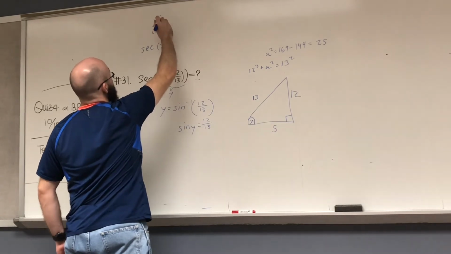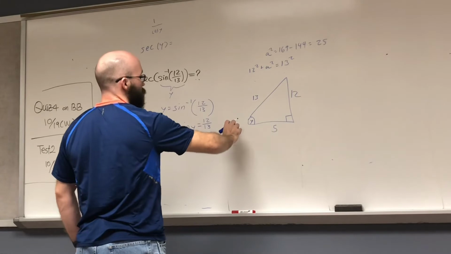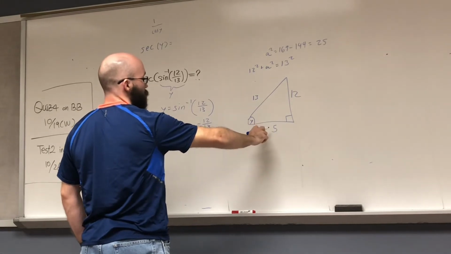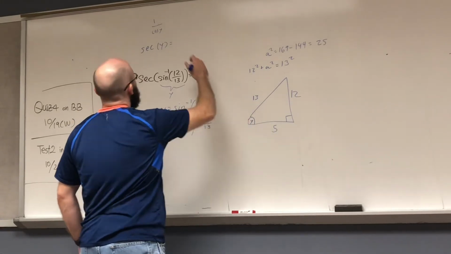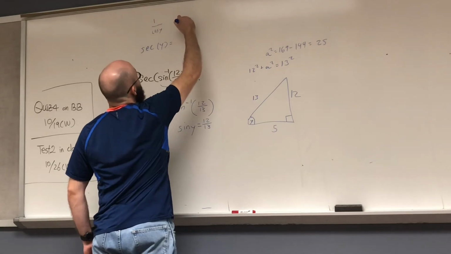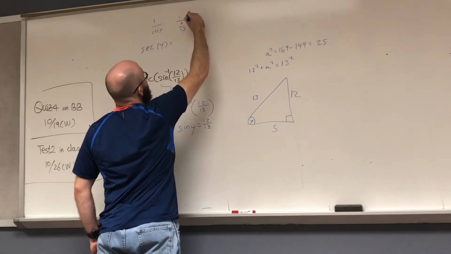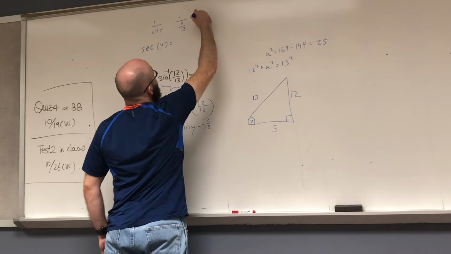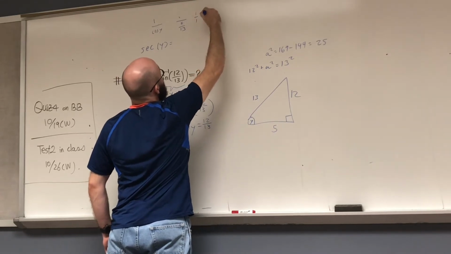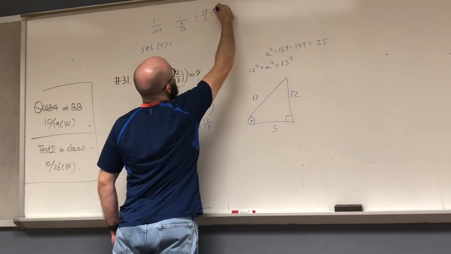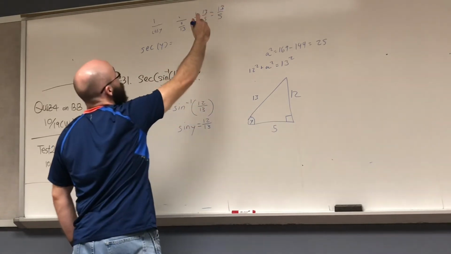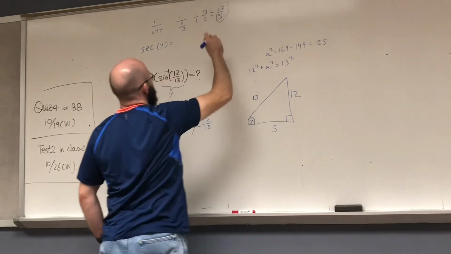What is cosine y? 1 over 5 over 13. So what is the flipped number? It equals 13 over 5. Yeah, so your answer is what? Write that down. Do you understand?